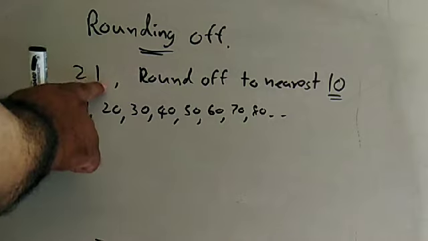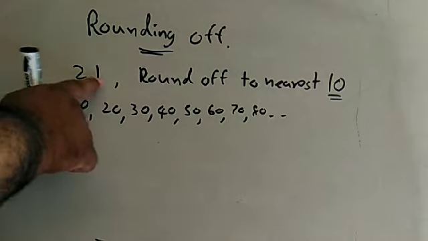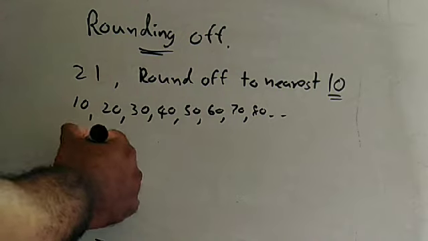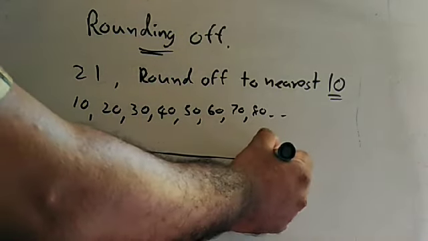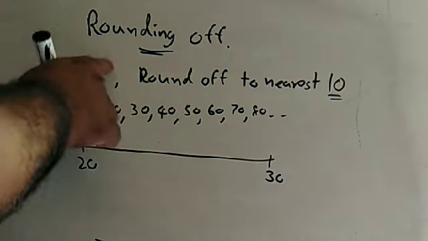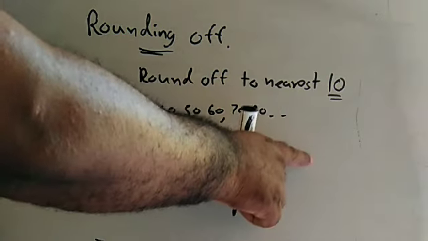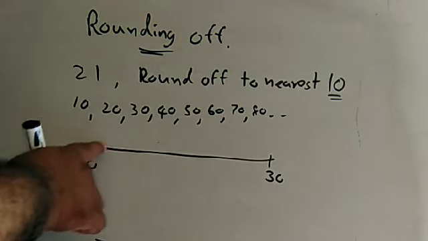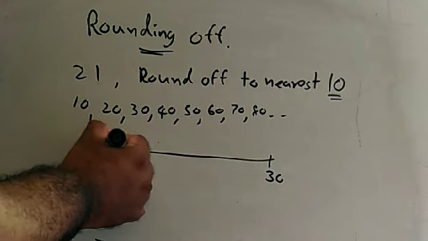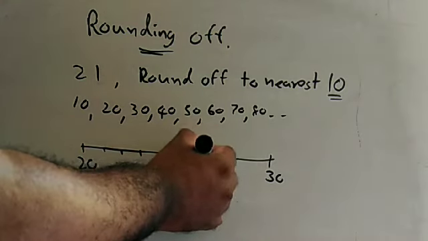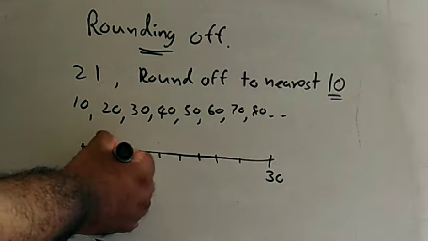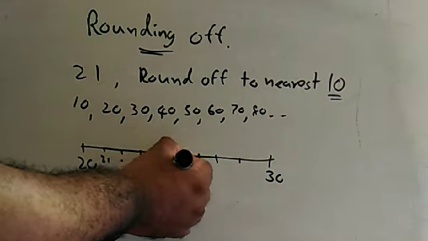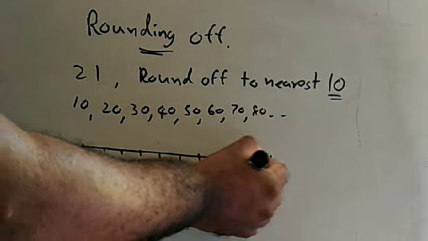Now 21 is between 20 and 30. I can illustrate it on a number line. This is 20, this is 30. Now 21 is between 20 and 30: 21, 22, 23, 24, 25, 26, 27, 28, 29, 30.